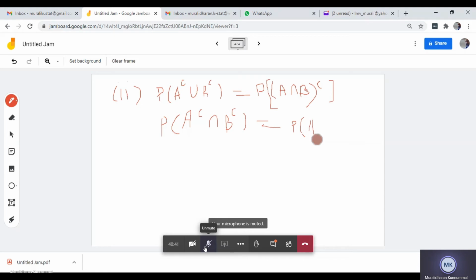This result is called De Morgan's law, you must have heard of it. So these two results, the above results, are called De Morgan's law.